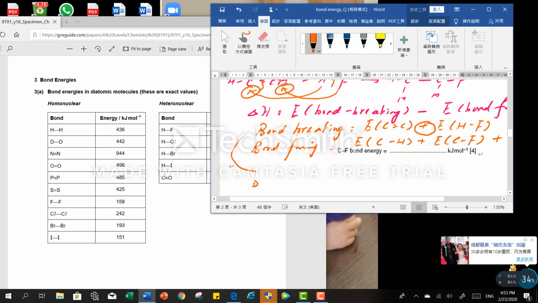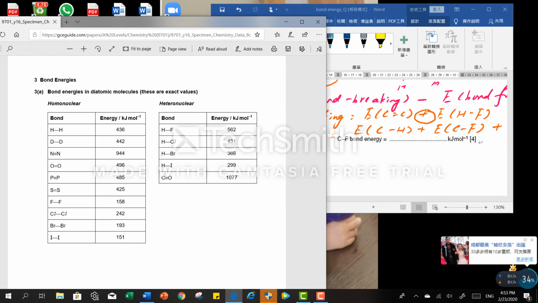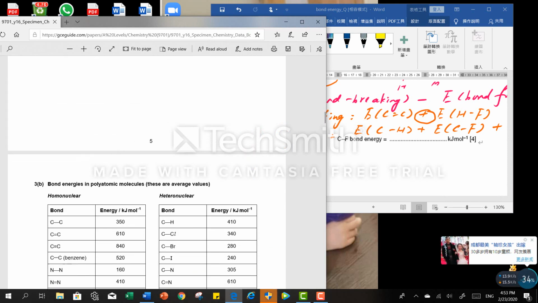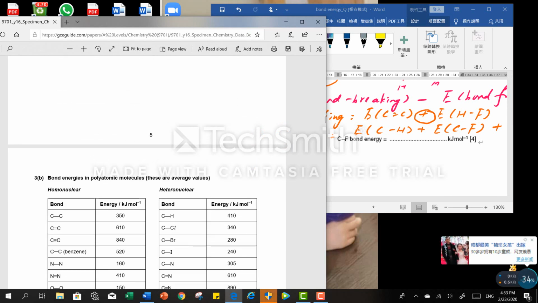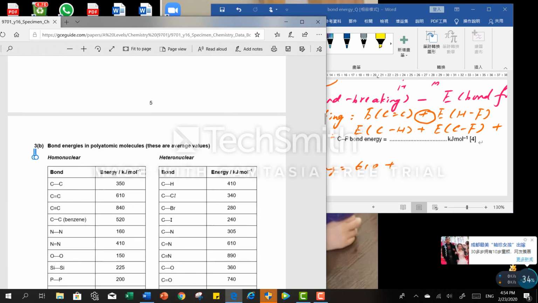Okay, so we need a C=C double bond, right? C=C double bond is here, 610, right? So for bond breaking we need a C=C double bond, 610, and we need to break down an H-F bond.